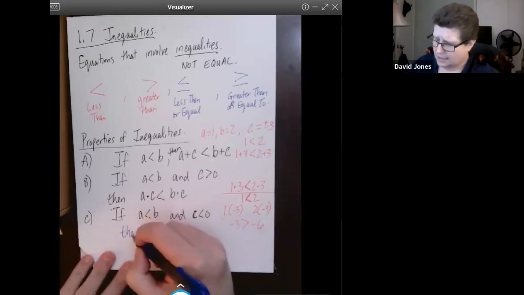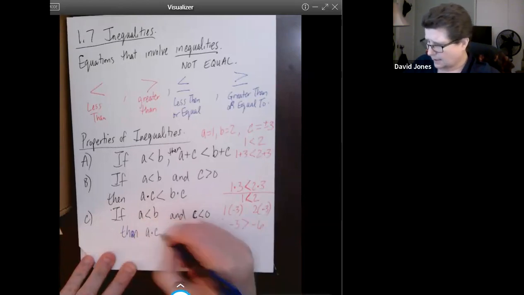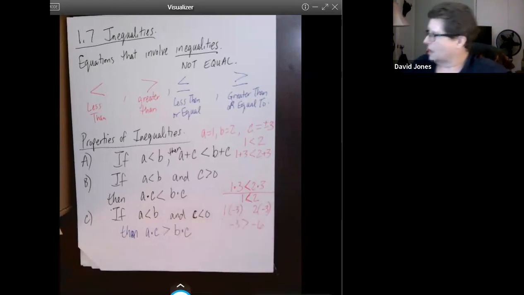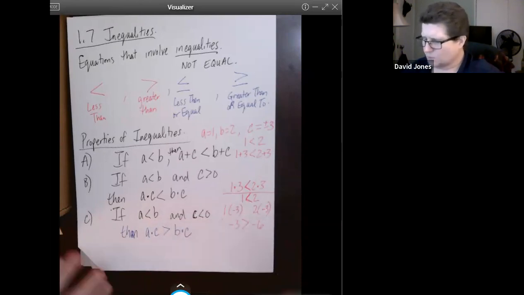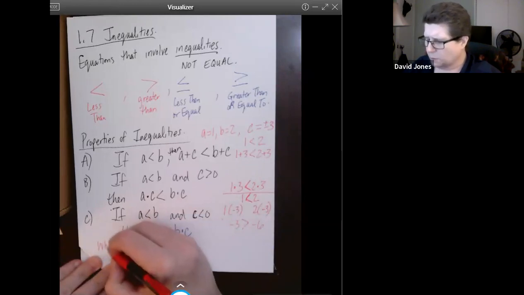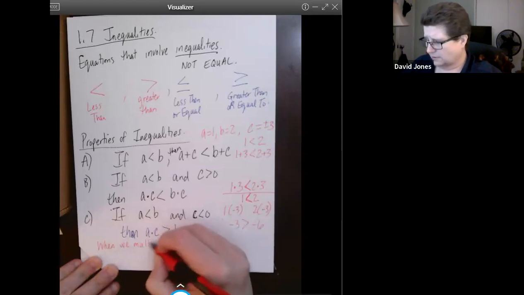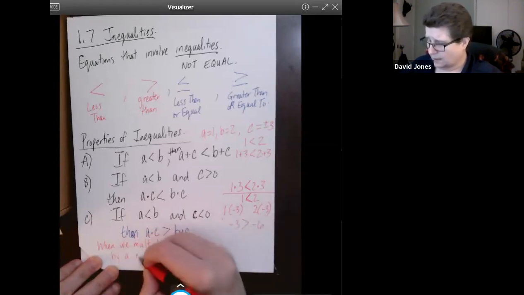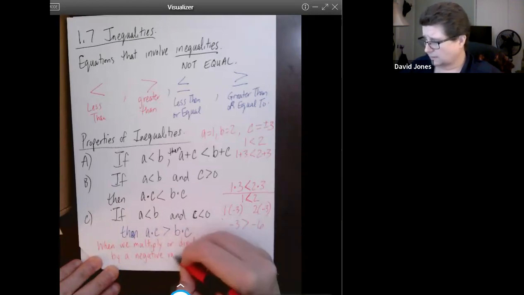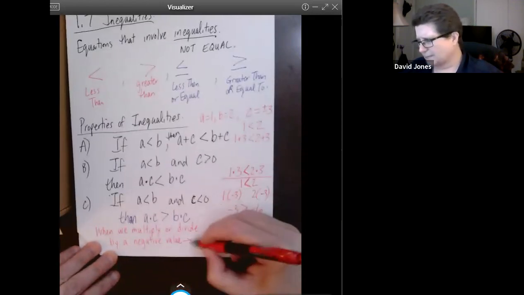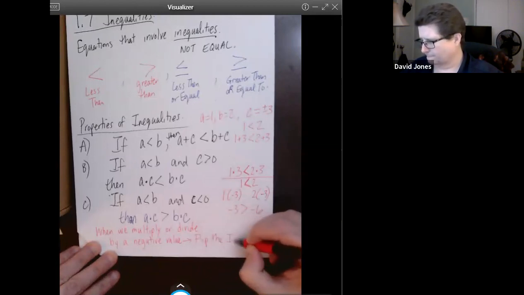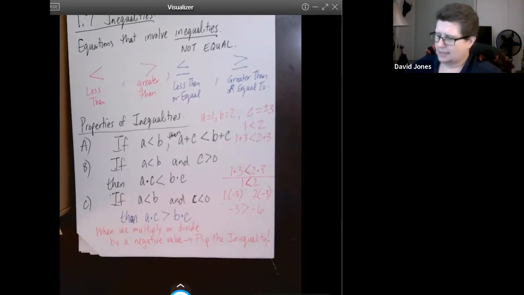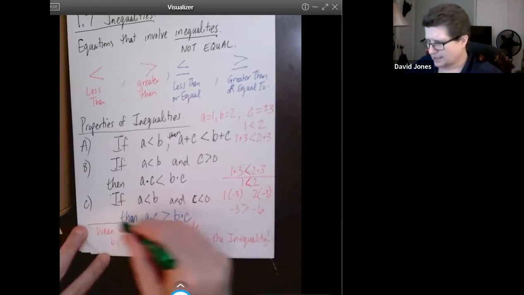Then A times C is now greater than B times C. And what this leads to, the easiest way to remember this is when we multiply or divide by a negative value, we need to flip the inequality. Okay? That's the rule we need to do.